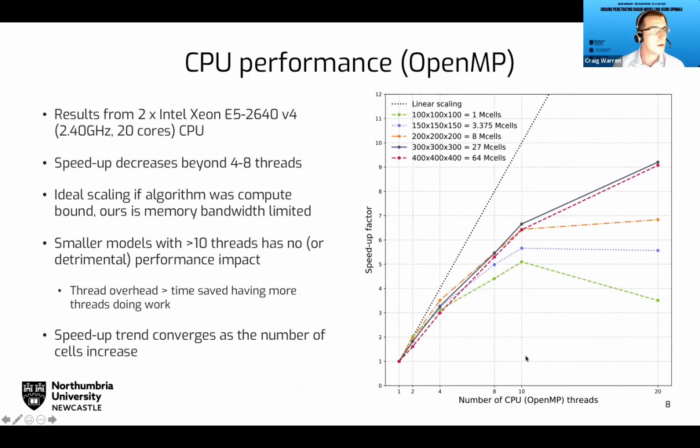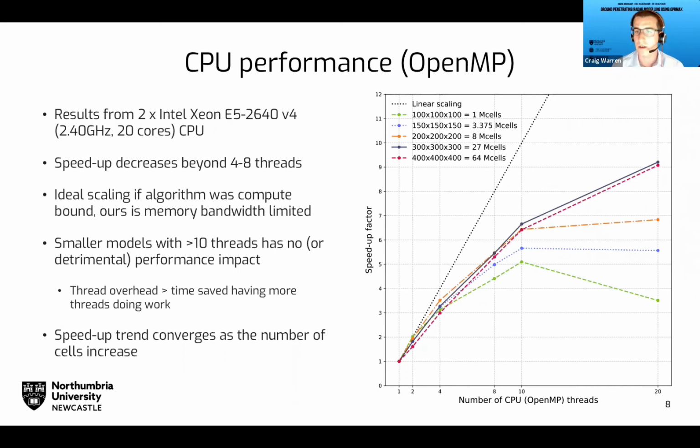So I want to look at specific performance now, and this graph looks at the OpenMP performance of gprMax. This is based on the CPU, and this is performance on an Intel Xeon workstation machine.